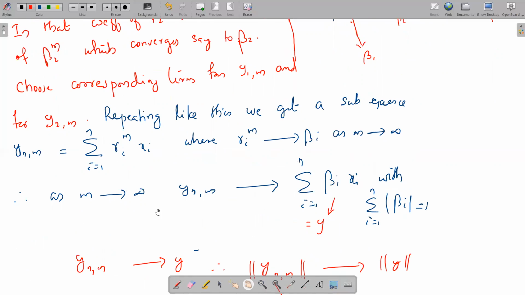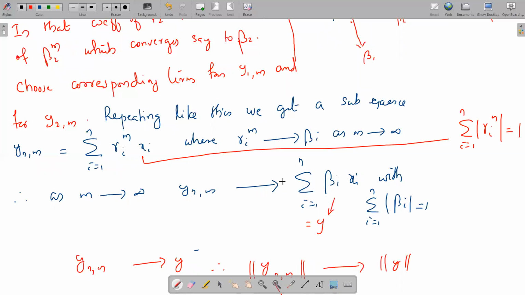And since ynm is equal to sigma i from 1 to n gamma im xi, we have sigma i from 1 to n gamma im equal to 1. Now ynm converges to this. If we call this y, ynm converges to y as m tends to infinity.